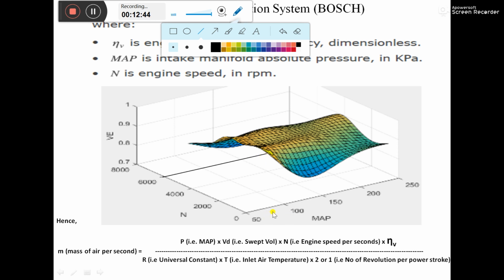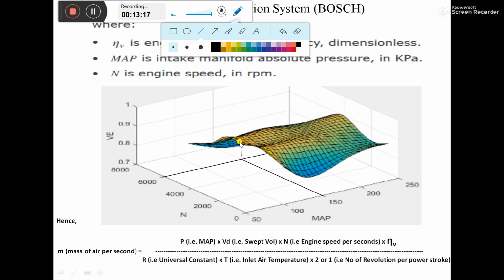Suppose you have a manifold absolute pressure of 100 again, or say 150 right now. This is your intersection point, and from it we draw a vertical line that intersects this surface.